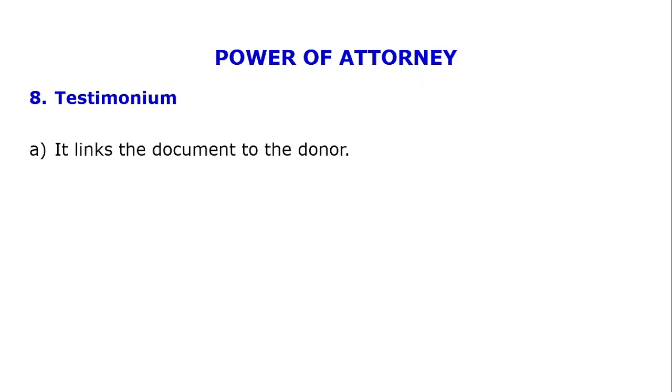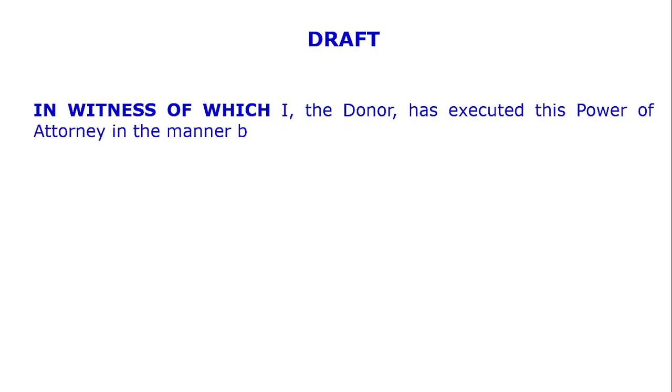So let's see how it is drafted, which is the same thing under deed, right? It is in witness of which I, the donor, have executed this power of attorney in the manner below, the day and year first above written. So you can see even the draft shows you in witness of which. What are you witnessing?